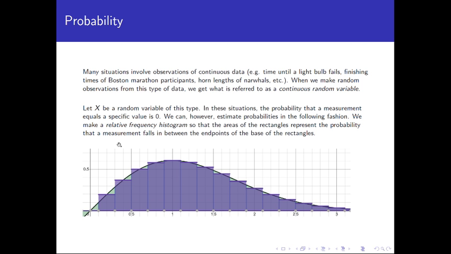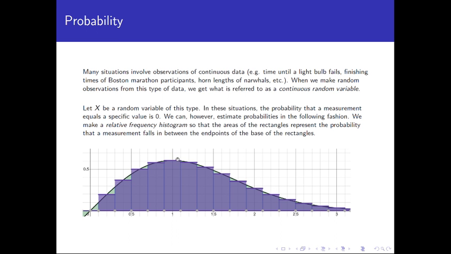So let's look at a picture here. The purple rectangles here are what's referred to as your relative frequency distribution, or your relative frequency histogram, I mean. So what we mean by this is that, say here, if you want this interval that's between, it looks like, 0.9 and 1.1, we just look at how the graph is divided up.